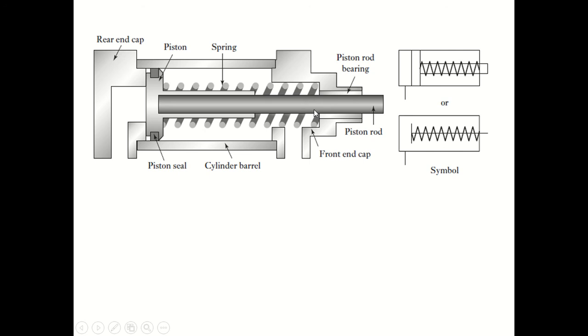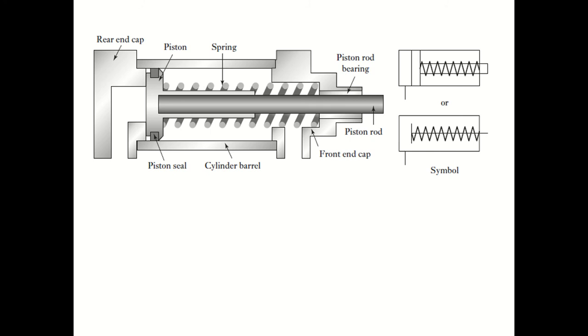The fluid pressure is applied to one side of the piston at a gauge pressure P, with the other side being open to the atmosphere, or at atmospheric pressure.